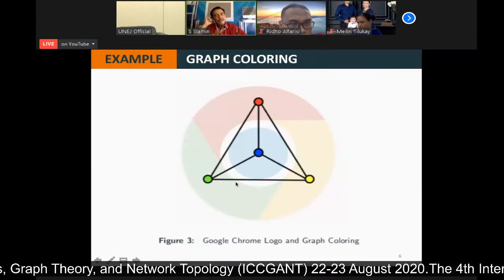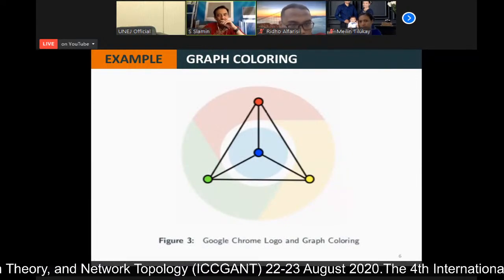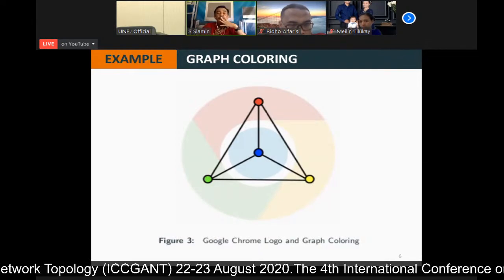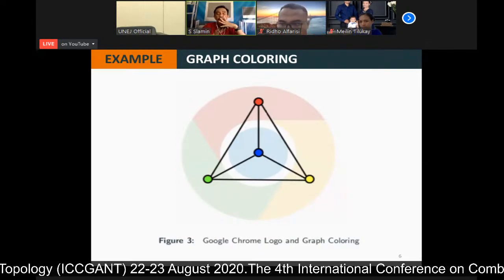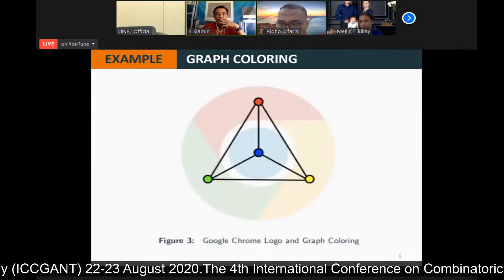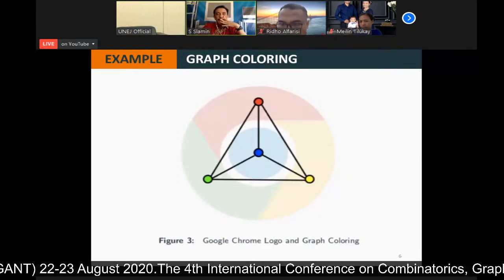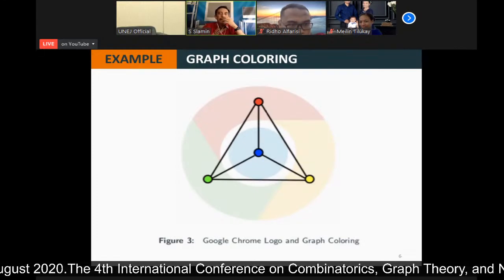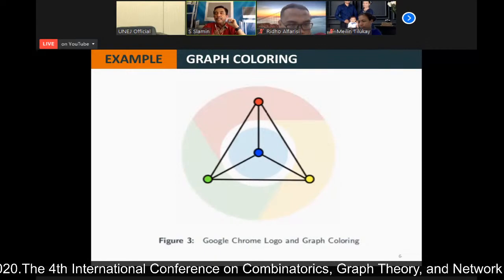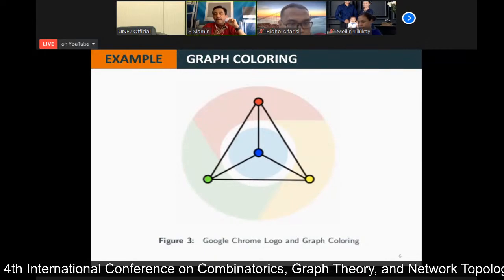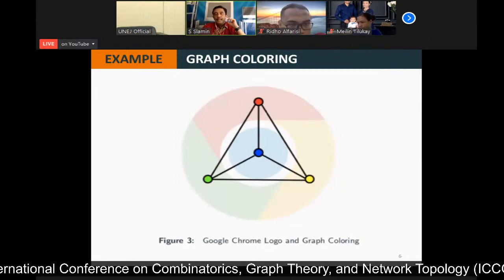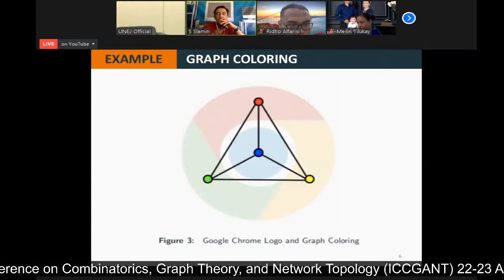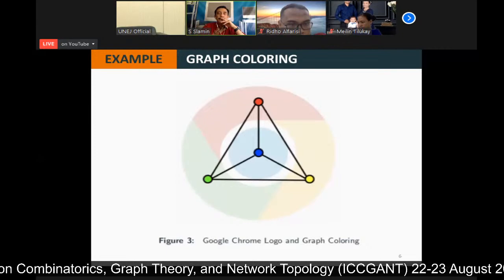for millennial people, you can see this Google Chrome logo. If you use graph coloring to represent this logo, ignoring the white color, you can have a complete graph with four vertices, and because all are adjacent, they must use different colors.